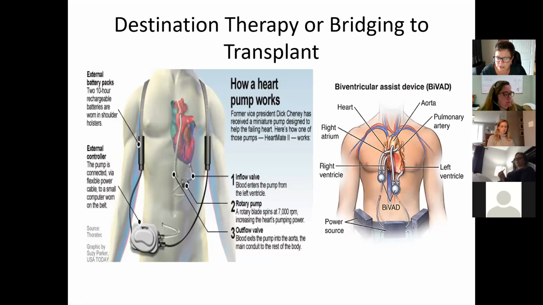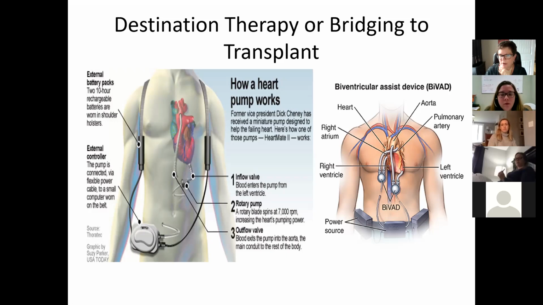And so there are patients who live with VADs, ventricular assist devices, whether it be a left ventricular assist device, a right ventricular assist device, or in this picture, a biventricular assist device. You'll often hear this referred to as destination therapy. In Atlantic Canada, it's only done in one spot, so we have to send our patients to a neighboring province.